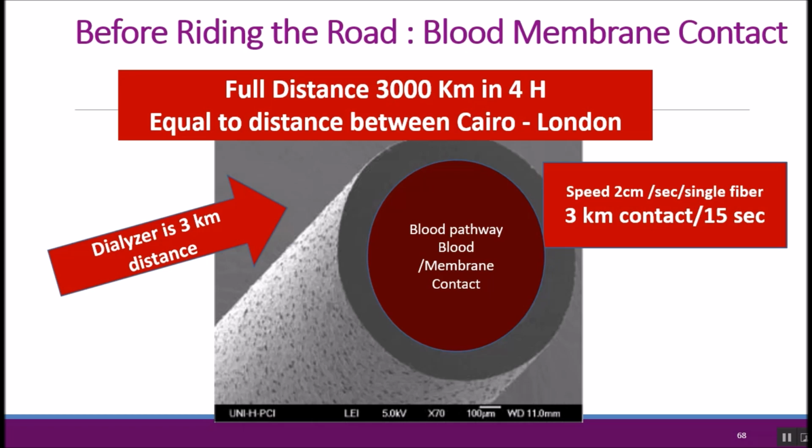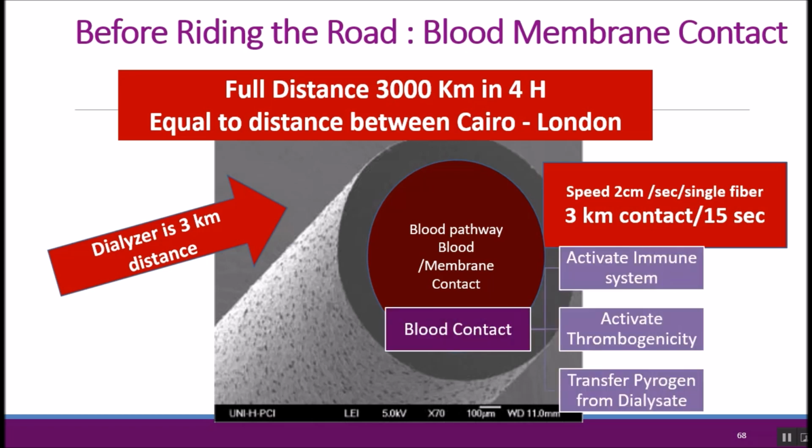So the blood contact is 3 kilometers, every 15 seconds. The total blood membrane contact in one single session is 3,000 kilometers. So blood contact can activate system immunity, thrombogenicity, and can transfer pyrogen from the dialysate.